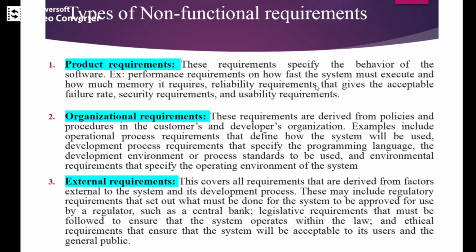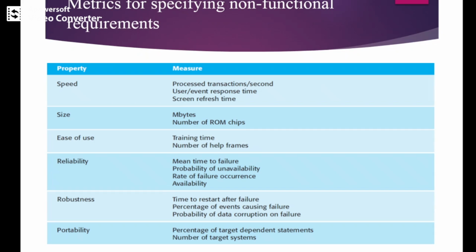Next, we'll see the metrics for specifying these non-functional requirements. How do you measure these non-functional requirements which you have learned earlier? We have certain properties and we can measure them. One property is speed, which is related to performance. How do you measure it?